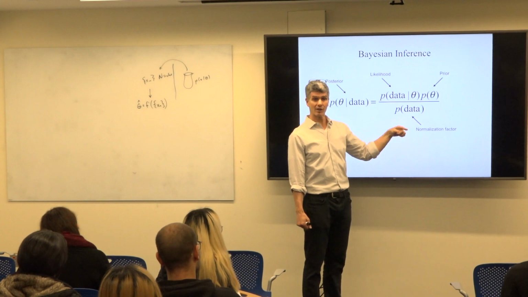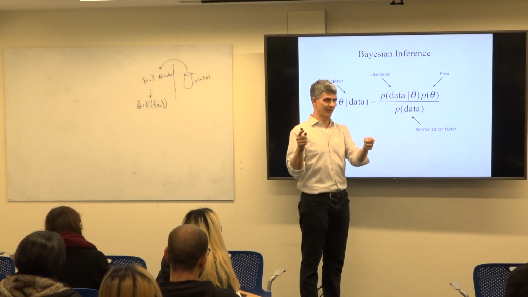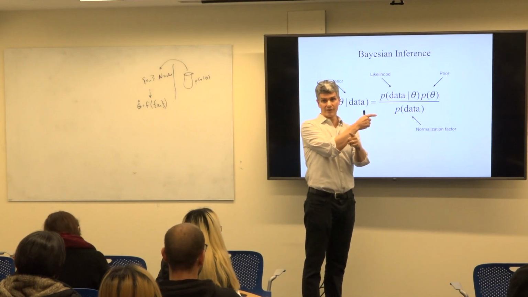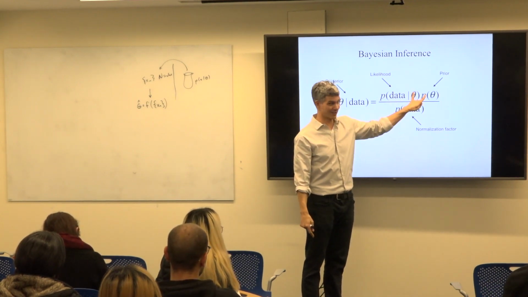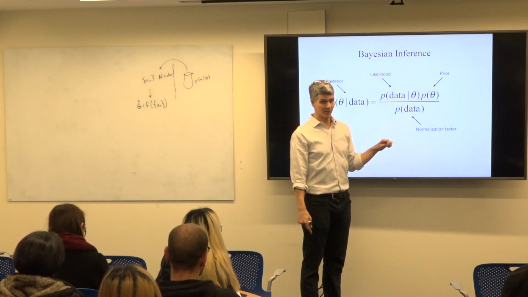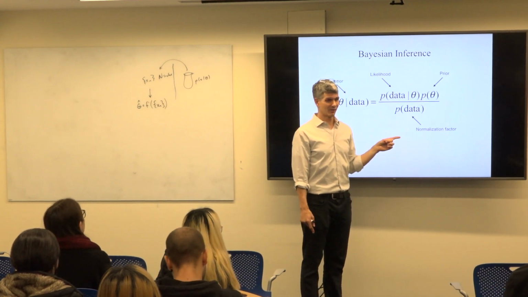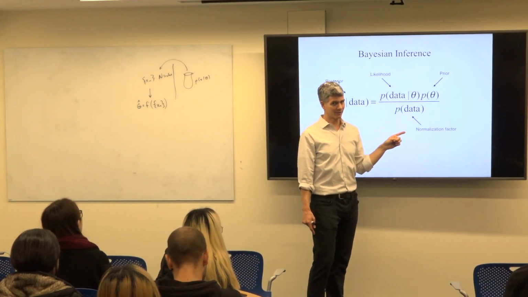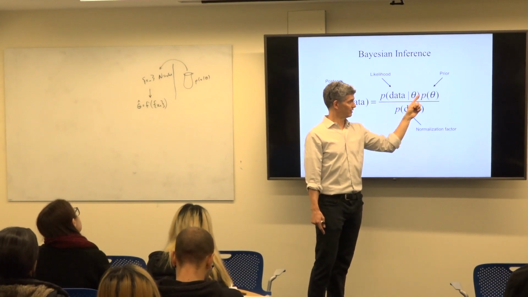Another way of saying that is P of data is just the joint distribution, P of data comma theta, integrated out over theta. So you take the numerator, the product of these two things, and you integrate out the theta. That's what P of data is. Notice that if you're thinking about this in terms of theta, there is no theta in the denominator. This is just a scale factor. So the theta is only up here, here, and here.